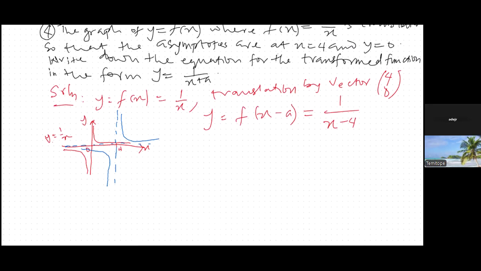Okay. Add this to what you have written: 1 over x minus 4. Add it to it.